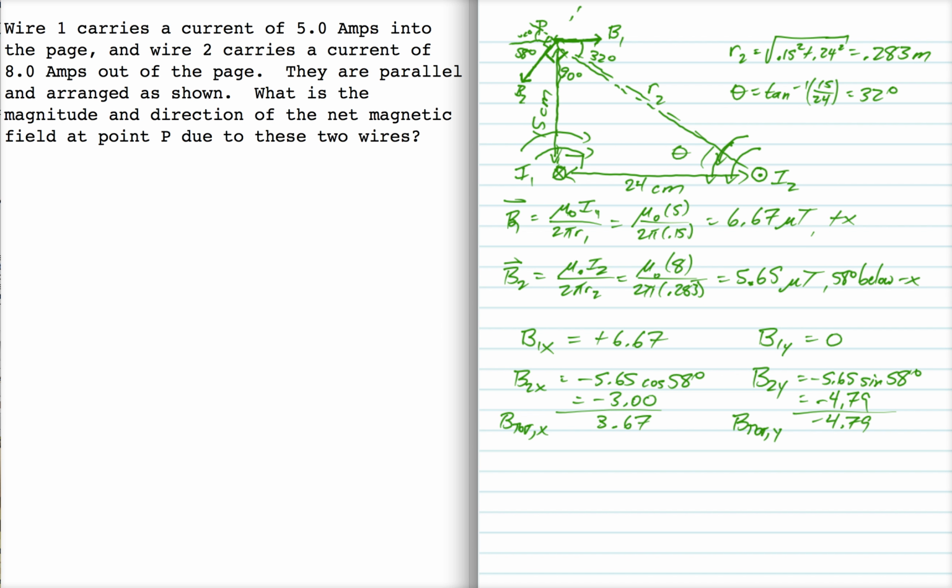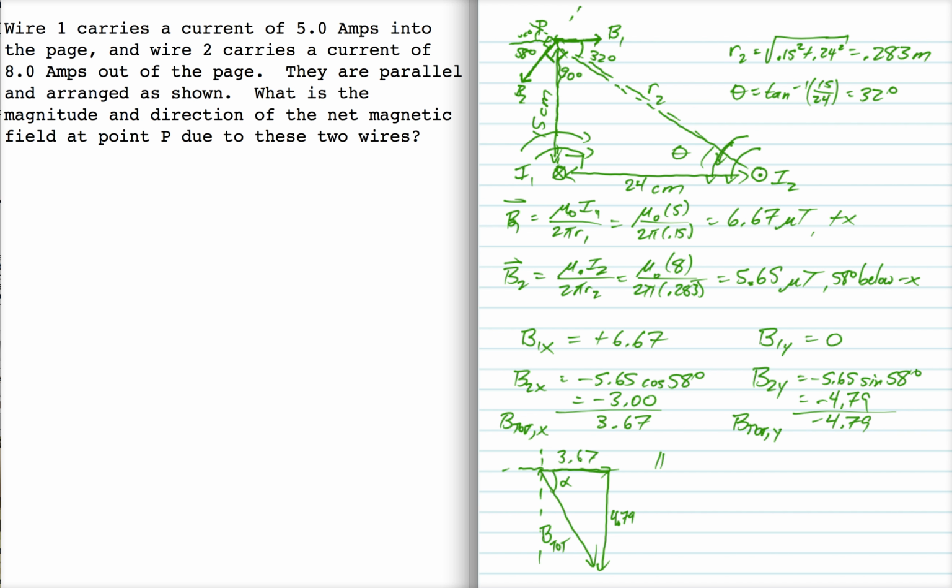Now I've got to reconstruct my resultant, so I'm going to make a little coordinate system here, and I'm going to go over plus 3.67 in the positive x direction, and then 4.79 in the negative y direction. And so this is going to be my total magnetic field, making some angle alpha with the plus x axis.